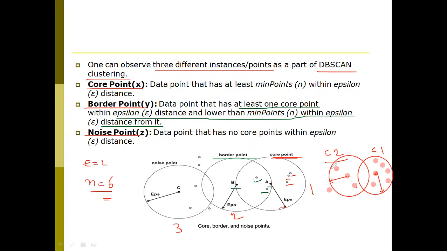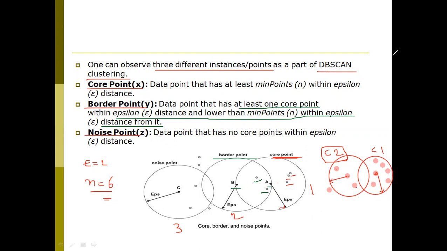So now we may call this C2 a noise point or noise cluster. Clear? It doesn't have any relationship with a core cluster, and it has fewer data points. Such clusters are called noise clusters or noise points.